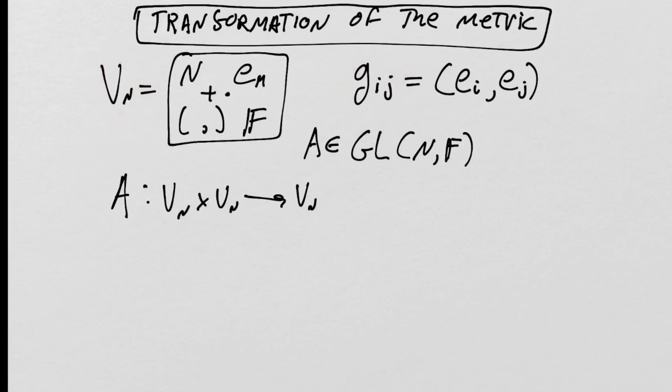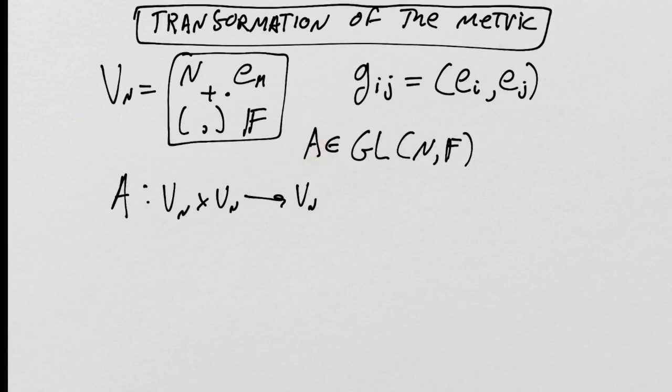The metric is defined as the inner product's value over the basis vectors, and it's given with two lowercase indices, Gij, which reflects the fact that this can be understood as a rank 0-2 tensor. Then we start asking the question we ask all the time, which is, if I have a member of the general linear group in n dimensions over F, a single member of that represents a transformation under the vector space.